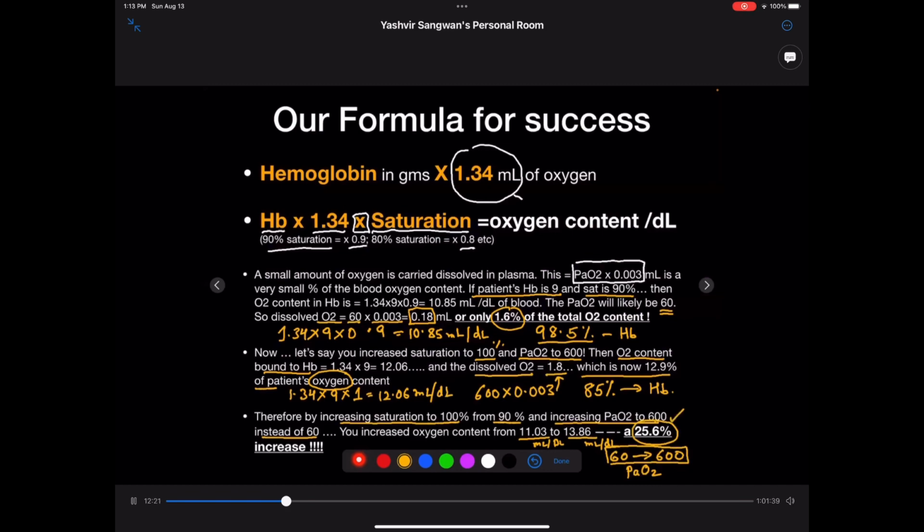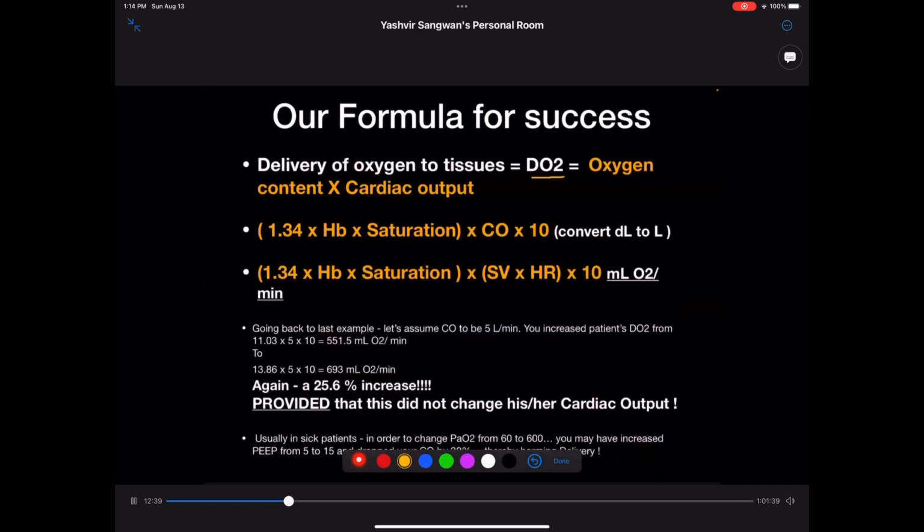When you have an oxygen content of the blood and you multiply it by cardiac output, you get the amount of oxygen being delivered to the patient's tissues. We already know that oxygen content of the blood is equal to 1.34 times hemoglobin times saturation.